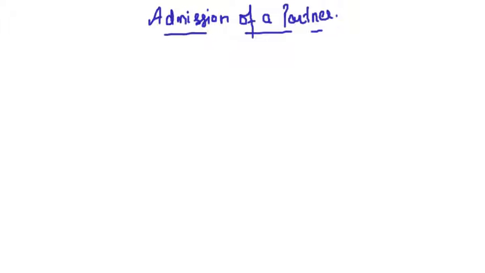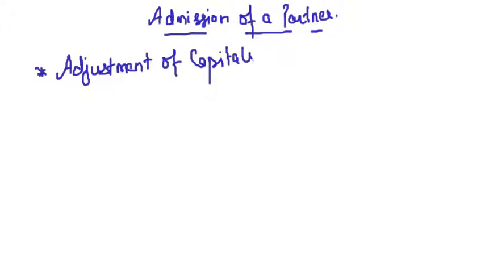Friends, we were discussing adjustment of capital in case of admission of a partner. So, we were doing adjustment of capitals. Right? In that, I told you what adjustment of capitals is.